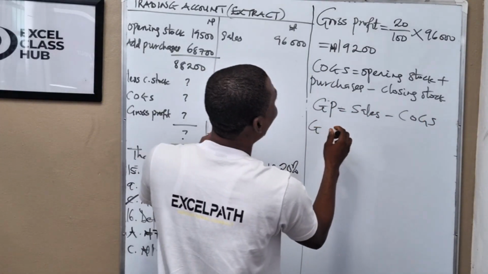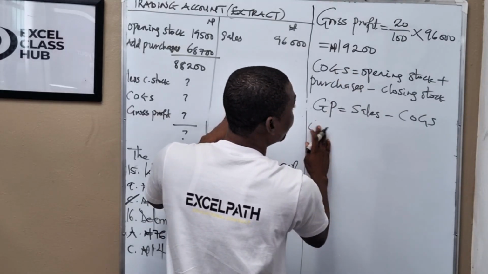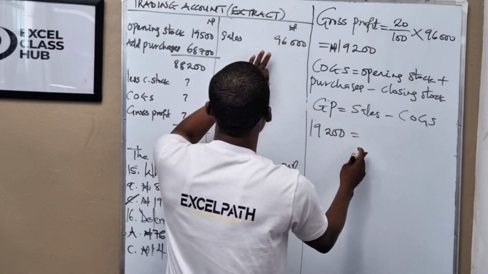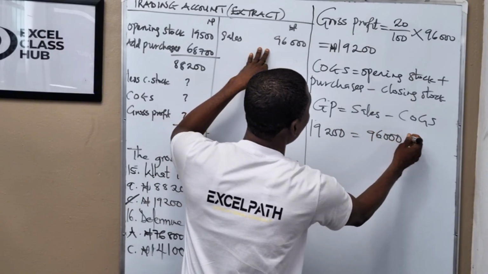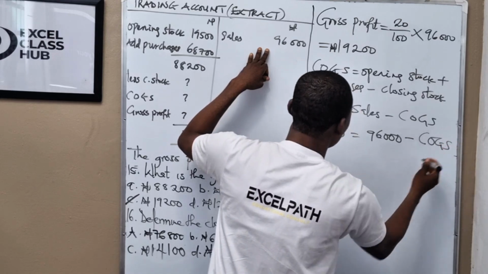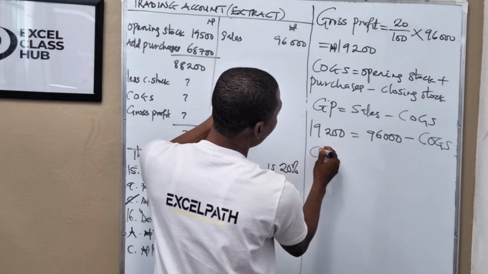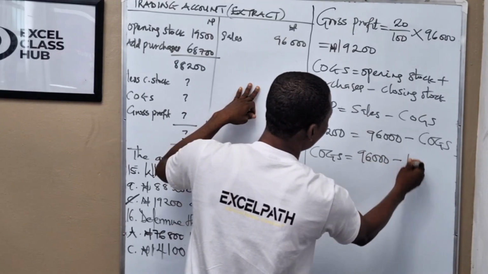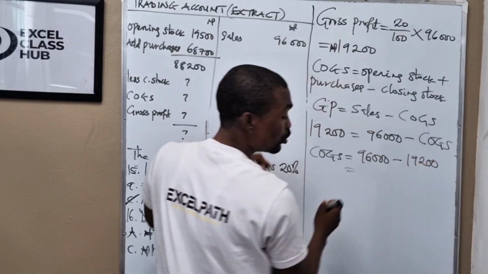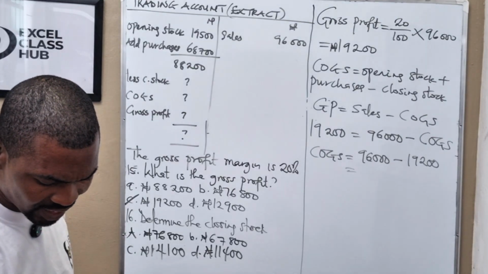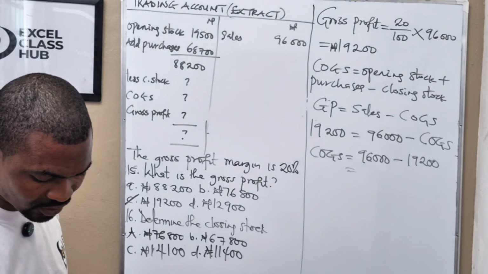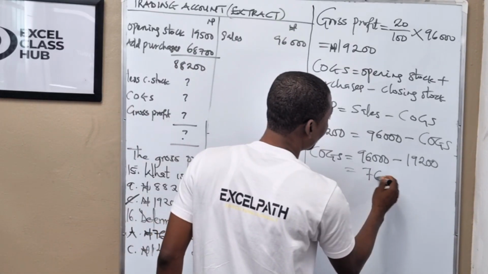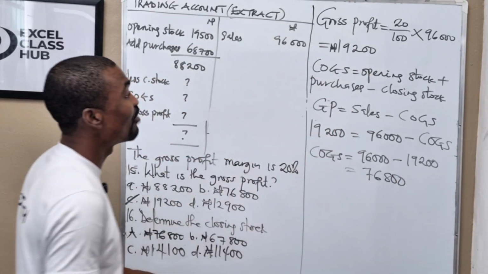So our gross profit, 19,200, is equal to sales, which is 96,000, minus cost of goods sold. So cost of goods sold is equal to 96,000 minus 19,200, which will give us 76,800.